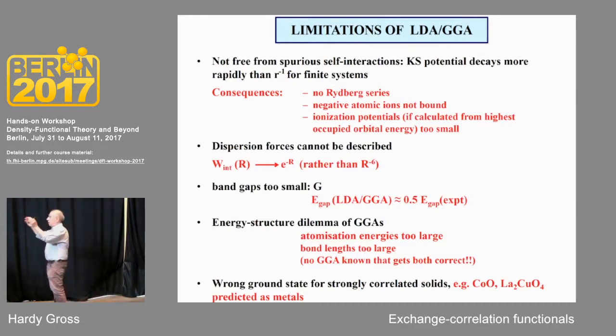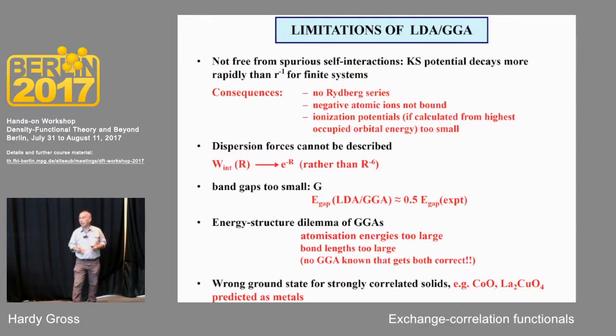And imagine each rho of r prime written in terms of Kohn-Sham orbitals. Then you have an interaction of phi 1 squared with phi 1 squared, with itself. That's called a self-interaction. Such terms should not be there, and in Hartree-Fock they're cancelled by self-exchange. But in approximate functionals, this cancellation doesn't happen, or happens only approximately.